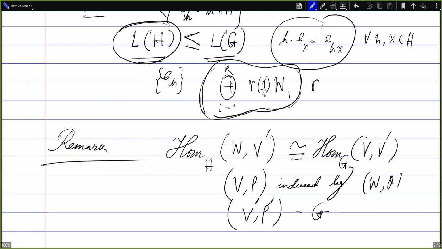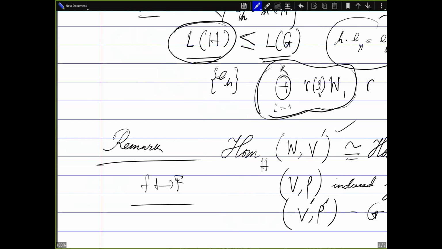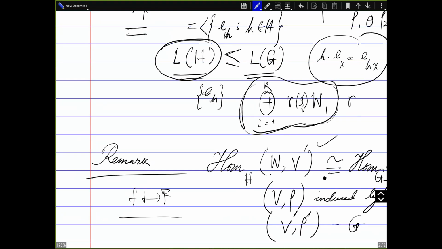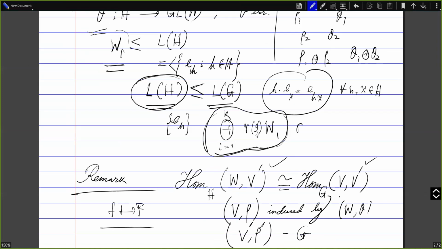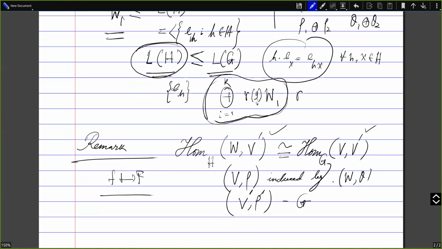Hom_H means the set of all H-invariant linear maps between W and V', and Hom_G means the set of all G-invariant linear maps. Now what I am saying is that the assignment sending small f to capital F in fact establishes a linear isomorphism between these two spaces. That I am leaving to you as an exercise.